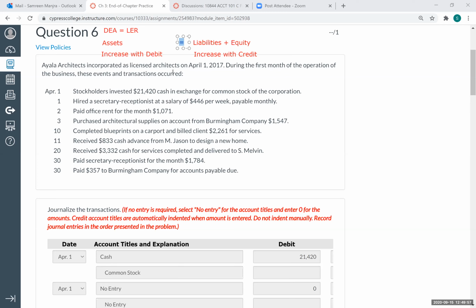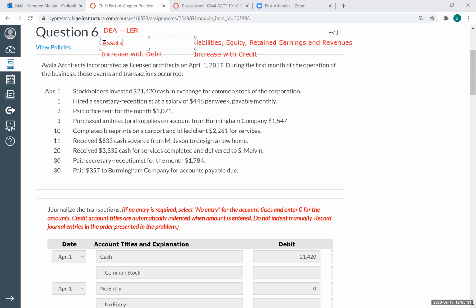We also think about the impact of the items that are included within equity. For example, within equity, we also have retained earnings and revenues. Retained earnings and revenues increase equity, so they also increase with credits. We also consider dividends and expenses.